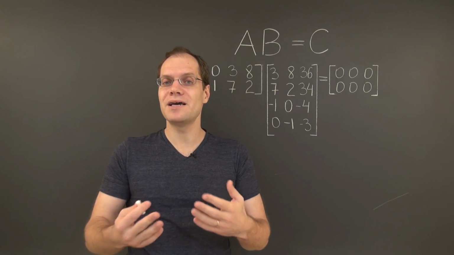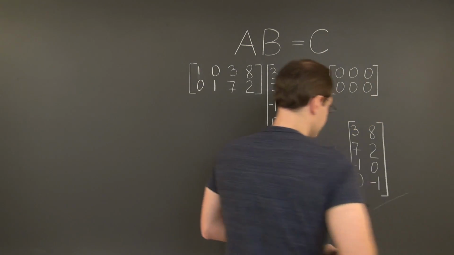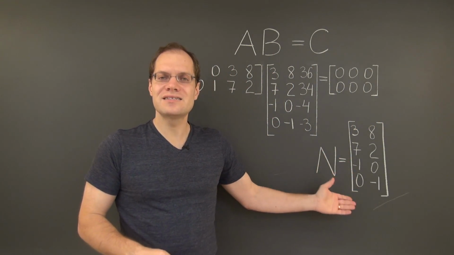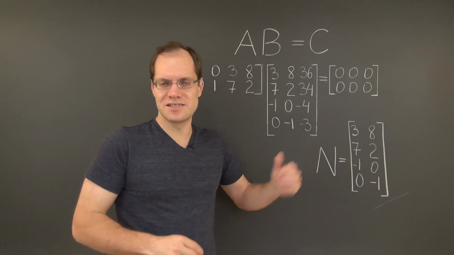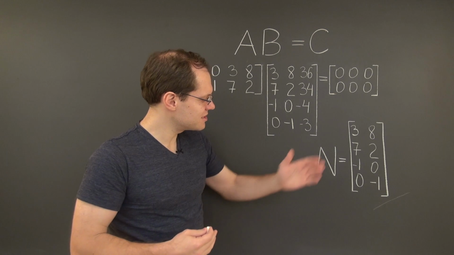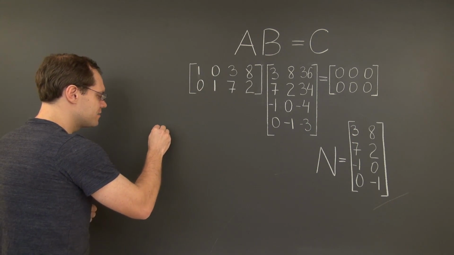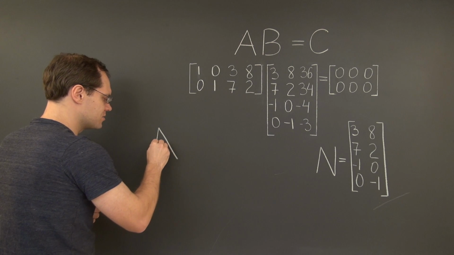And let's call that matrix N. So there you go. This is the matrix representing the null space. And the algebraic expression for this matrix consisting of the elements of the null space is, of course, AN equals 0.